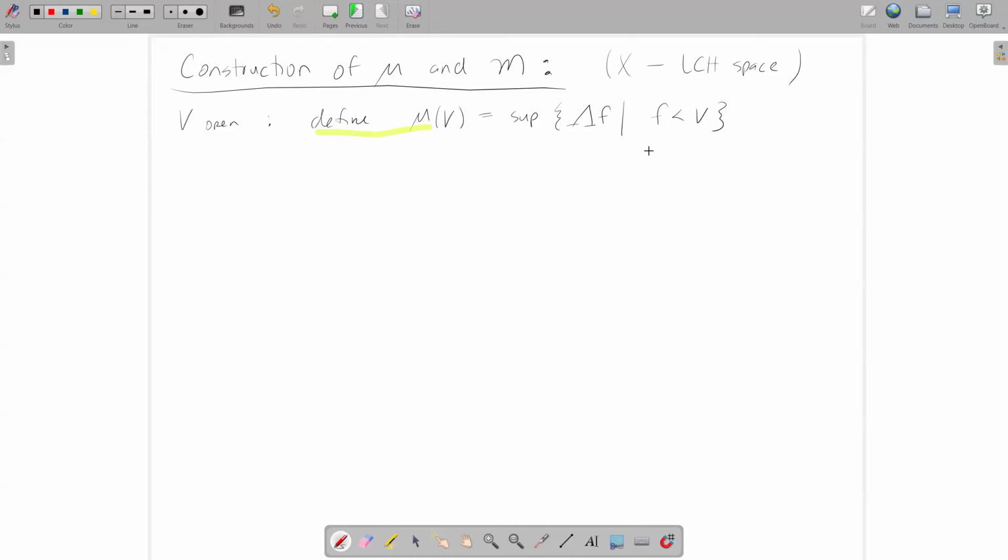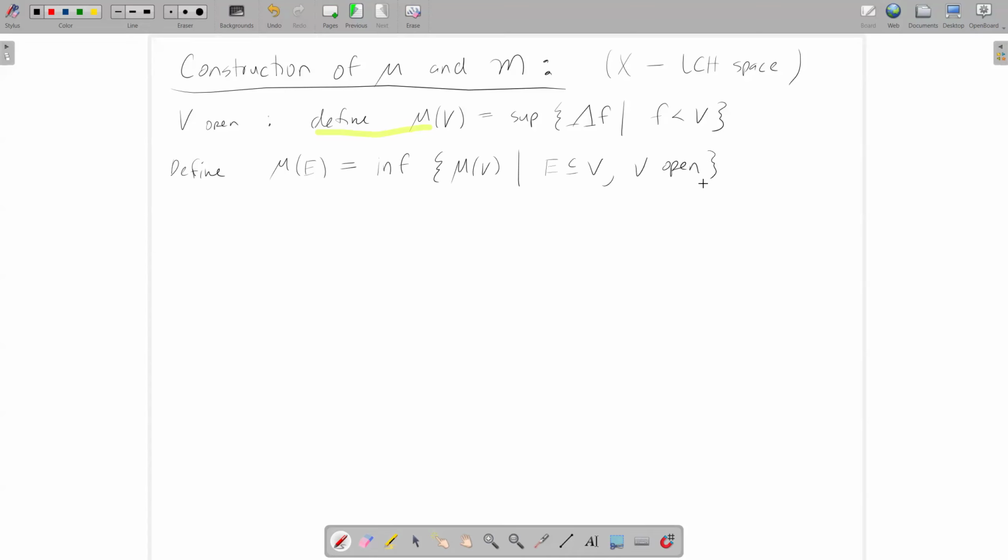So this measure is increasing. That means that we can define the measure of E to equal the infimum of the measures of V, where E is contained in V and V is open.